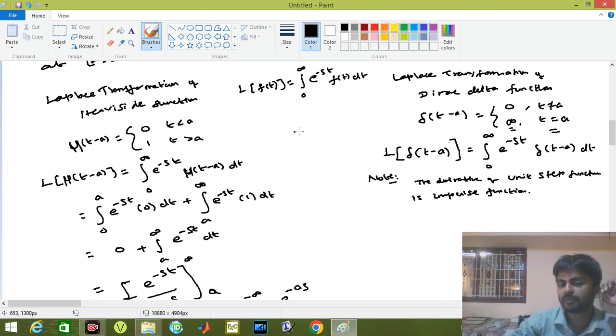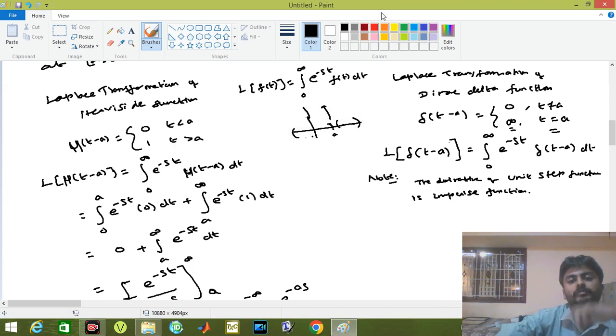Okay, so the derivative of unit step function. See, in the Dirac delta function, if it is a, here you will have a maximum value and all other values become 0. The entire thing becomes 0 and there is a spike at a, and again you will get 0. Here is a spike.